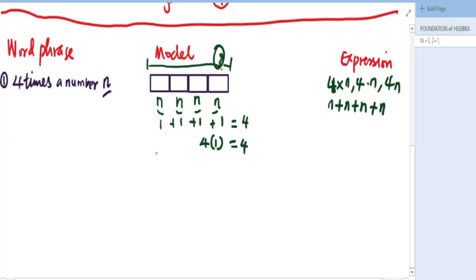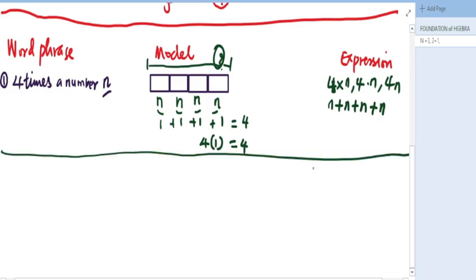Now, let's take the last example for this video. The last example is going to be on quotient. So what's the word phrase? This is going to say the quotient of a number n and 5.